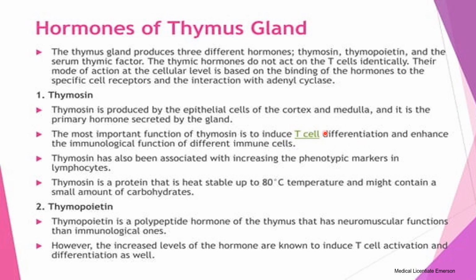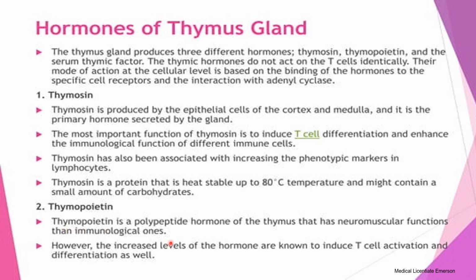For T cells to differentiate, there are different types of cells involved, and thymosin is the one mainly responsible. Thymopoietin just induces the production and activation of T cells, and some differentiation as well, but the main differentiation is caused by thymosin.